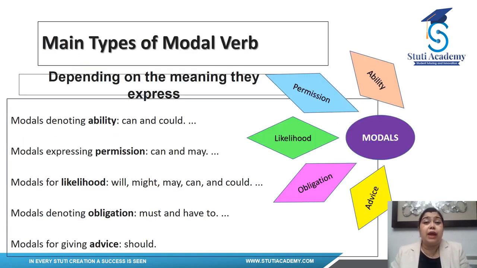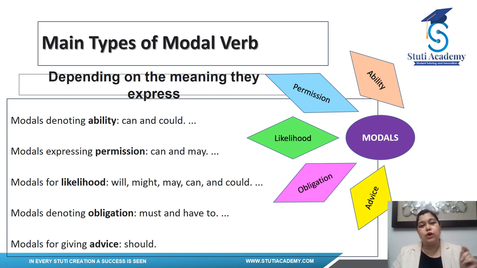Okay, main types of modal verbs. Now there are different types of modal verbs and they express different meanings. They denote the ability or the capability, with words like can or could, then expressing permission, like again can or may.